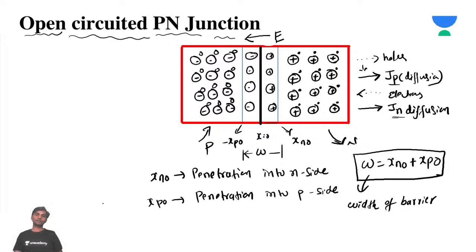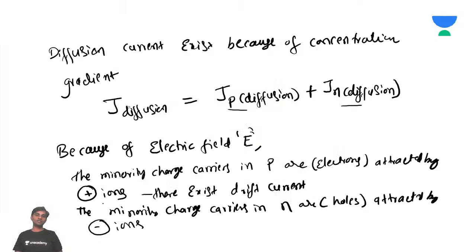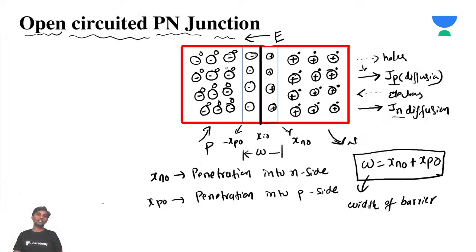So there exists something called J diffusion, which is because of JP diffusion and JN diffusion. Now, as the electric field is existing, why does the electric field exist, sir? Electric field exists because the positive charges are completely here and the negative charges are separated. Because of that, the electric field exists. So how can you say that this is the direction?